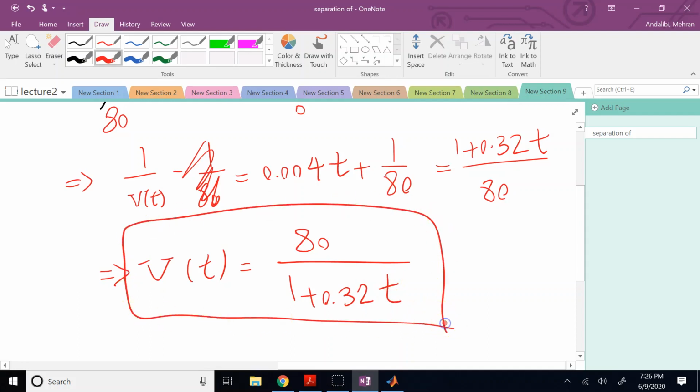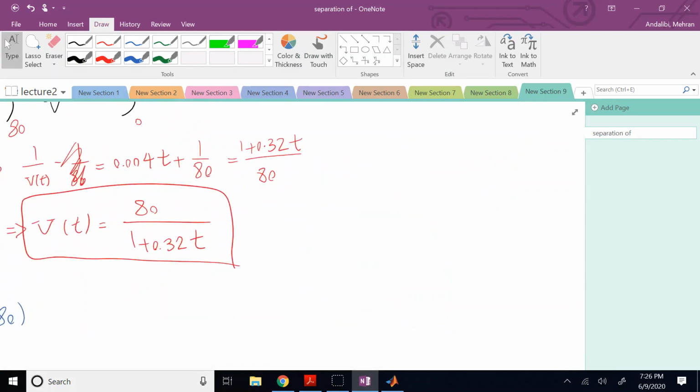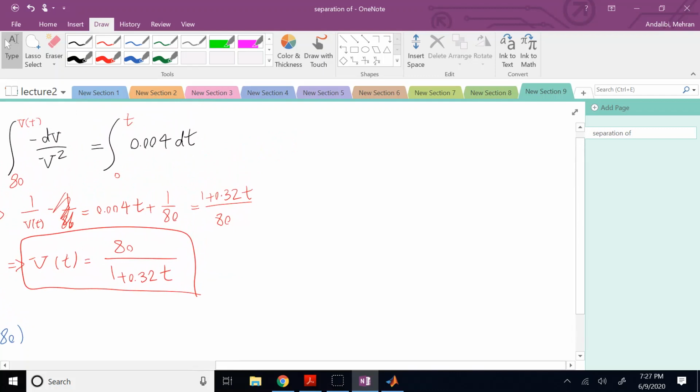So you can find velocity as a function of time if you want, and then if you want, you can integrate this. You can say delta S now is the integral of v(t) dt from initial time to the final time, and final time was 21.9 seconds.